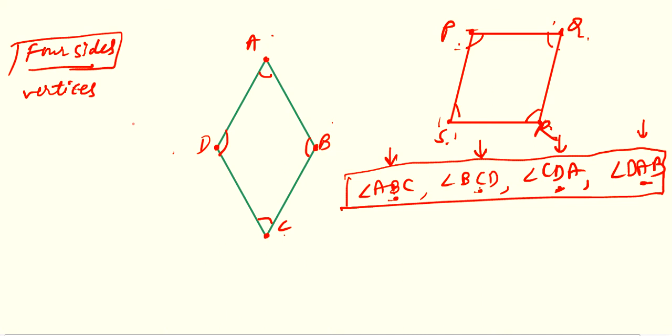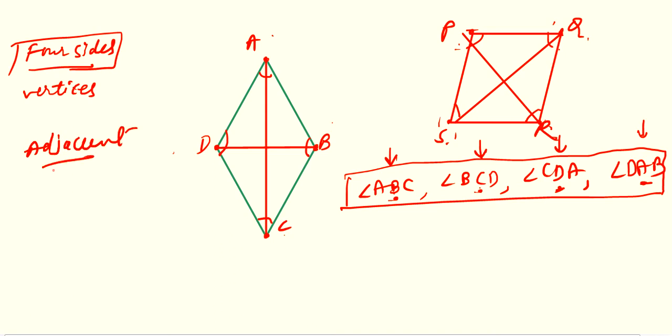Okay. Then diagonals. Simply we are having diagonals in a quadrilateral. This is your first diagonal, this is your second diagonal. The same one diagonal, then another diagonal. Okay. Then adjacent sides, pair of adjacent sides. So first you should know which sides are said to be adjacent: AB and BC.